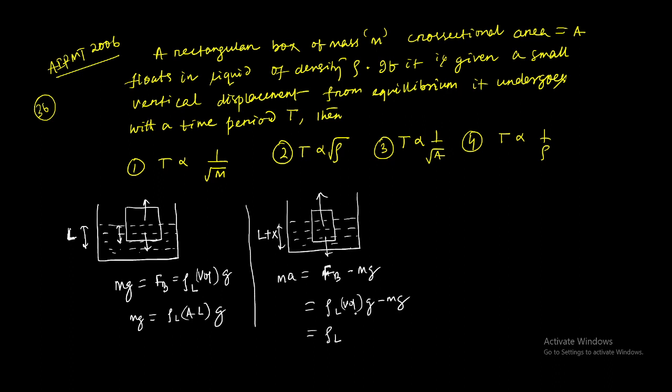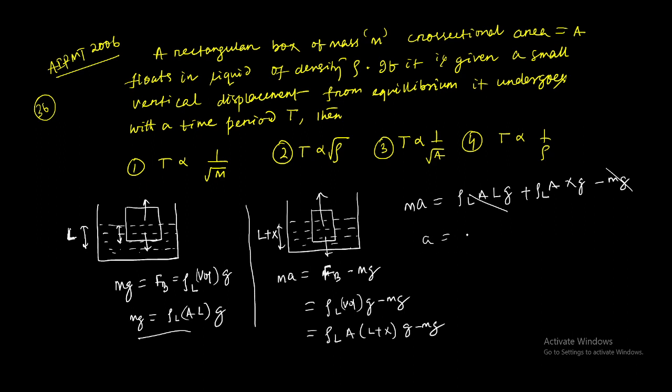So rho L times the volume can be written as A, and now the length will be L plus X, into g, minus mg. Got it? So mass into acceleration will be rho L A L g plus rho L A X g minus mg. Now mg equals rho L A L g, so these two get cancelled out. Got it?